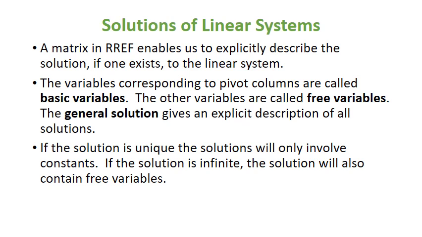Here, some more terminology for you. Once we have a matrix in reduced row echelon form, we will end up with what we refer to as basic variables and free variables. The variables involved in our pivot columns are our basic variables.